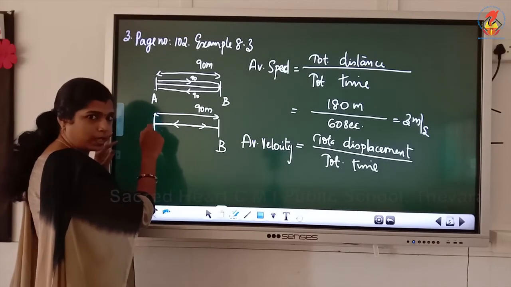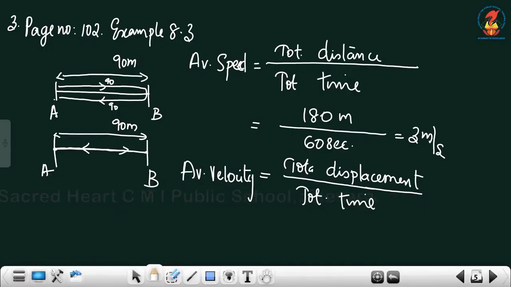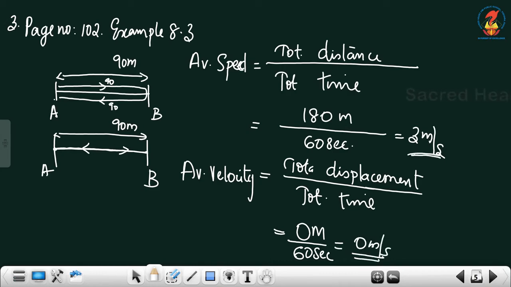She starts from this point and returns to this point itself. So, the displacement is 0 meter, divided by 60 seconds. 0 meter by 60 second, that is 0 meter per second. So, you got the average speed and average velocity.